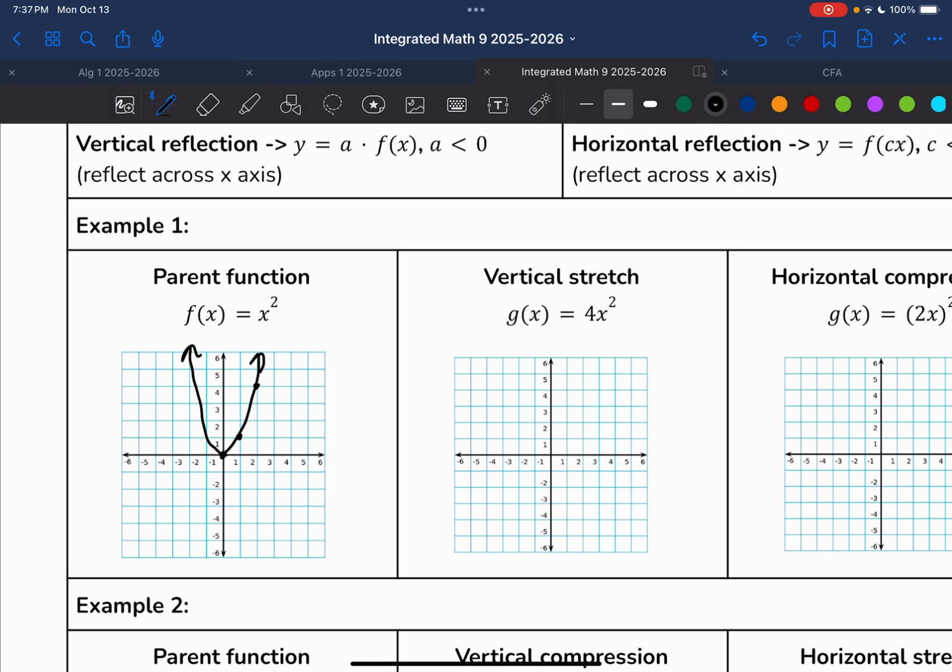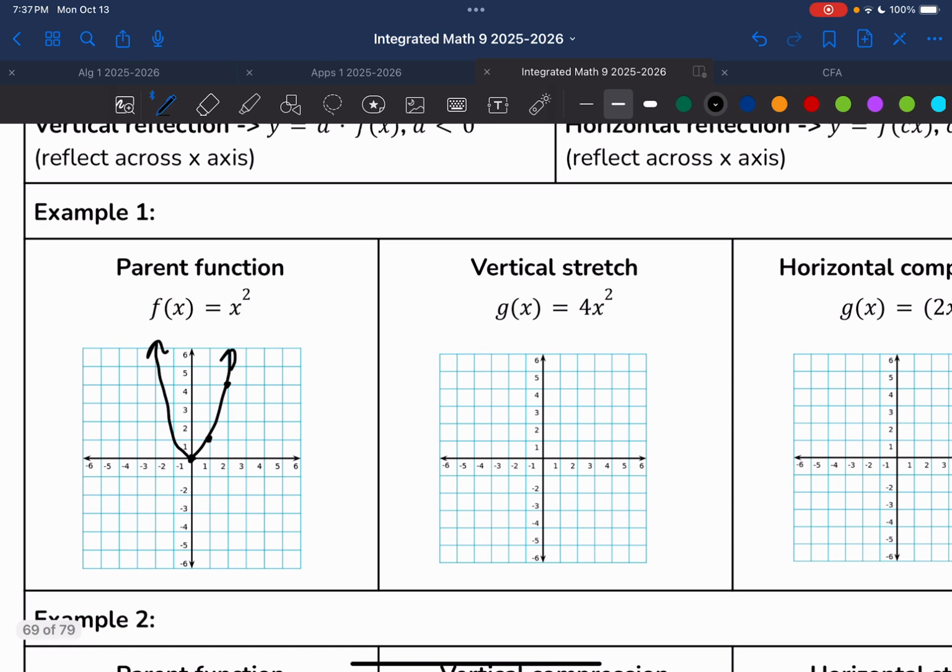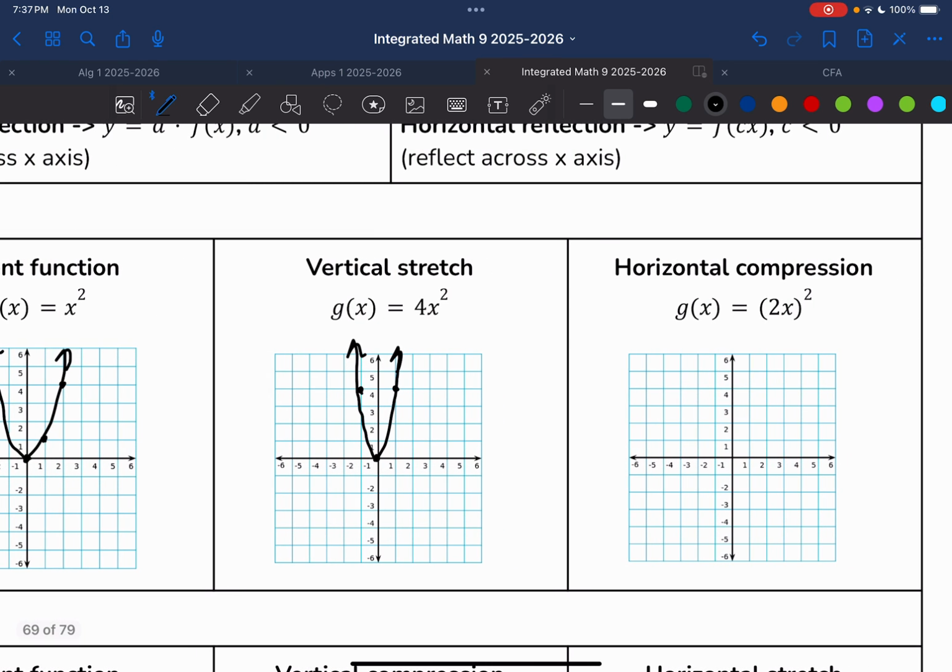And we know that if we stretch that by a factor of 4, then suddenly 1, 1 becomes 1, 4, because we need to multiply the y value by 4. But if we think about that as a horizontal compression by a factor of 2, then when we go to 1, we multiply that by 2 to get 2, and then we square it to get 4.